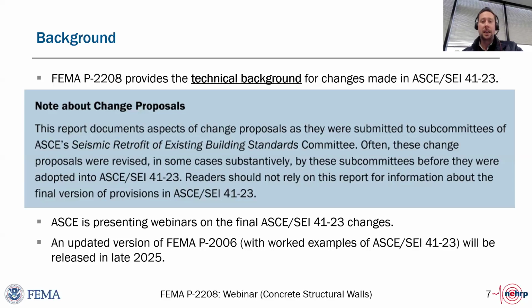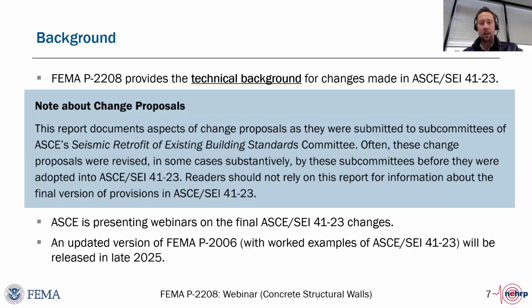The background on this particular document, FEMA P-2208, is that it really provides all the technical background for those changes. So you can only handle so much of the background in commentary. I think there is some good commentary that went into ASCE 41-23, but this document provides a lot more extensive background on the databases that were used and really all the background, the meat of what informed those final provisions that went into ASCE 41.